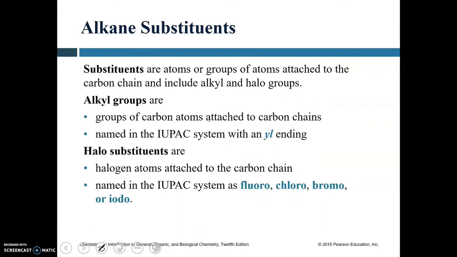Now, generally speaking, substituents are atoms or groups of atoms that are bound to the carbon chain that can include alkyl or halo groups. Halo means halogens. Alkyl groups are groups of carbon atoms, of course with hydrogen, that are attached to the carbon chain, and according to the IUPAC system, they're named with the ending YL.